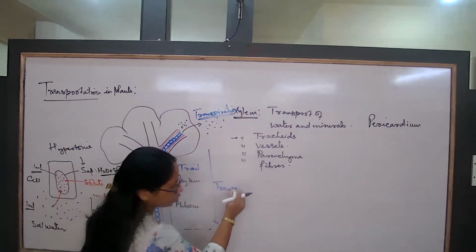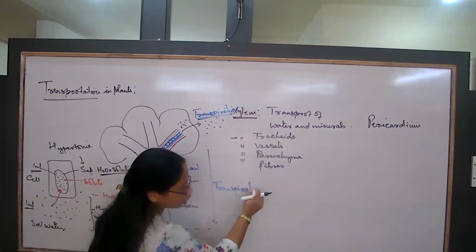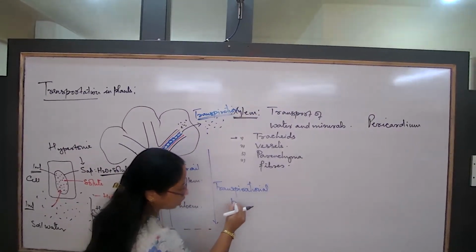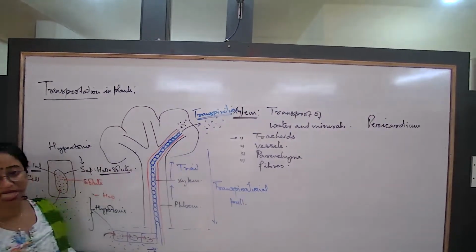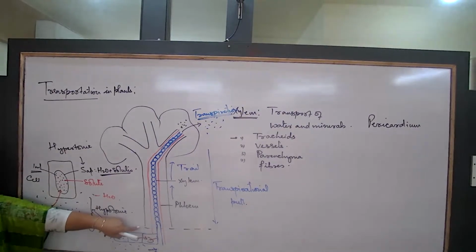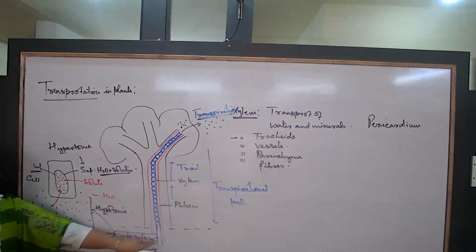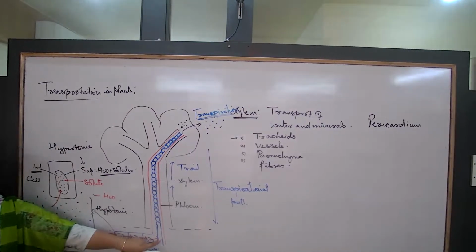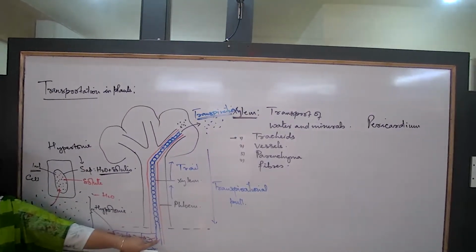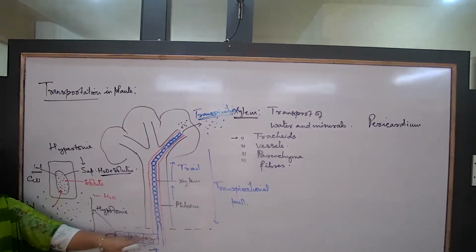This pulling force is known as transpirational pull. What is transpirational pull? The pulling force which is developed at the level of the roots which allows continuous absorption of water. So now that this empty space is created, this only will allow more and more absorption of water.